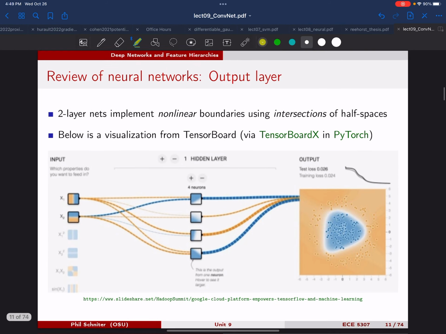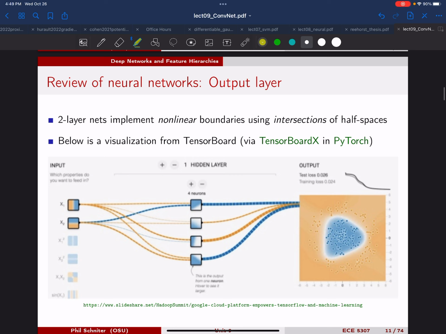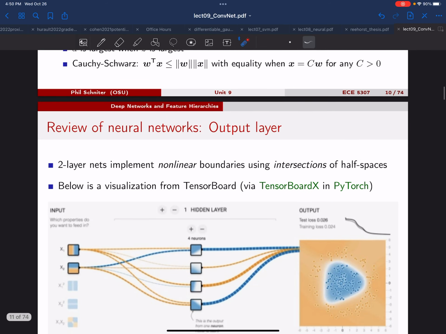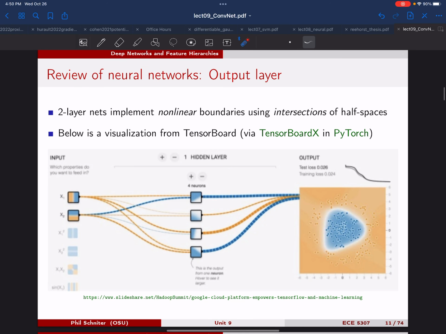Now when we have two layers, we can put those first pieces together to do something more interesting. And this is what we saw in the demo of the last unit. We have these heat maps of the hidden activations. As you can see, individually they look like the pictures over here, but each hidden node has a different boundary.